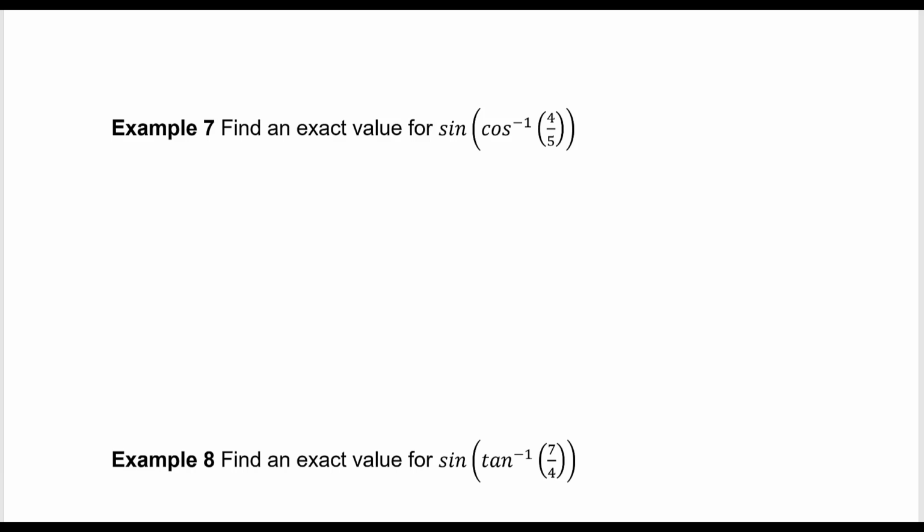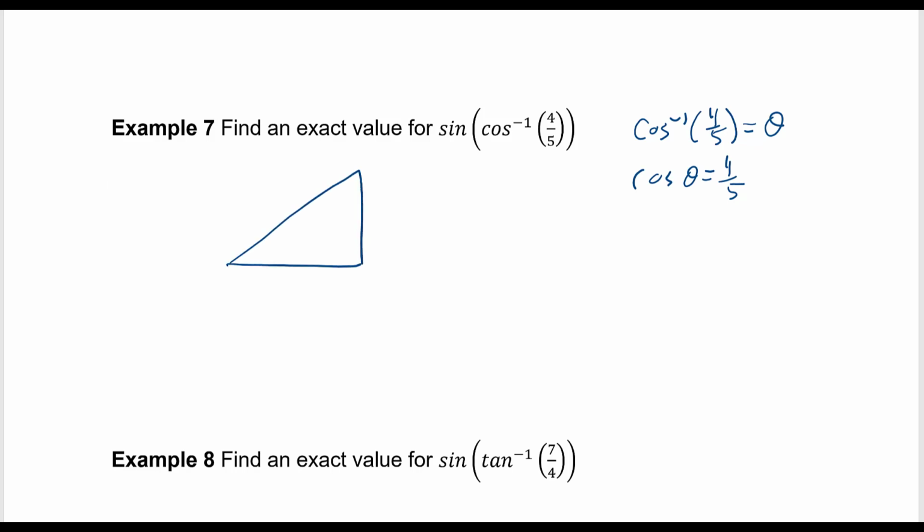So we have cosine inverse of 4/5. That produces some angle theta. So this is like saying that cosine of some angle theta is 4/5. If I were to draw a triangle, this is how I like to address these. And here's my theta.